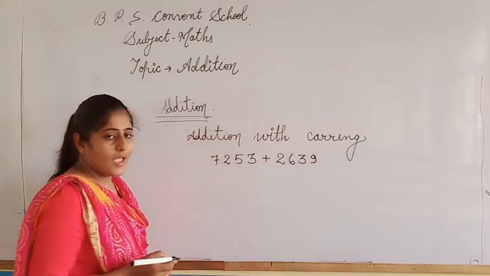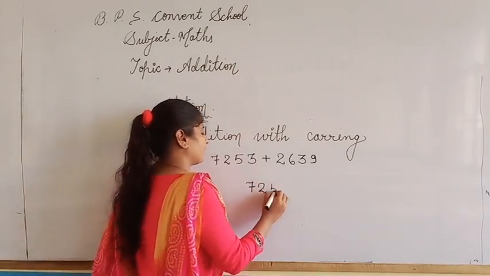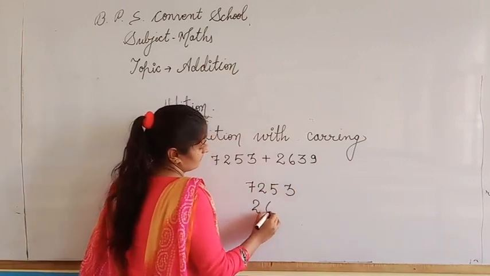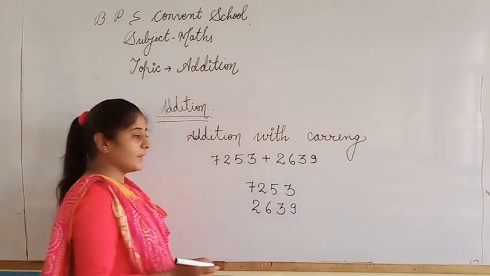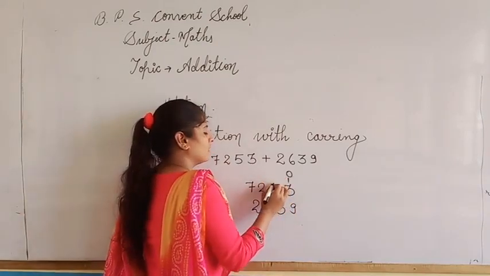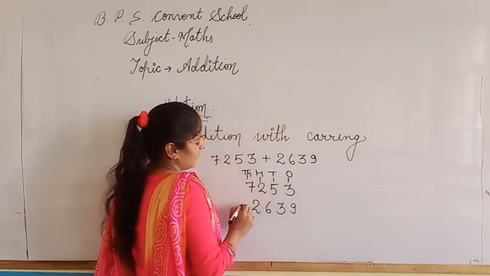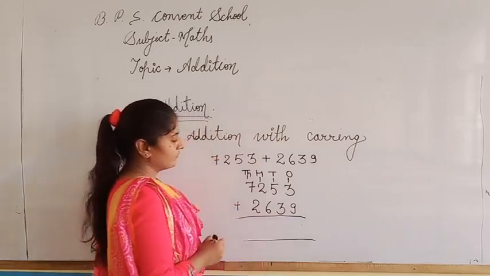As always, first arrange in columns. Then write the places over the digits and the addition sign. Let's add it.